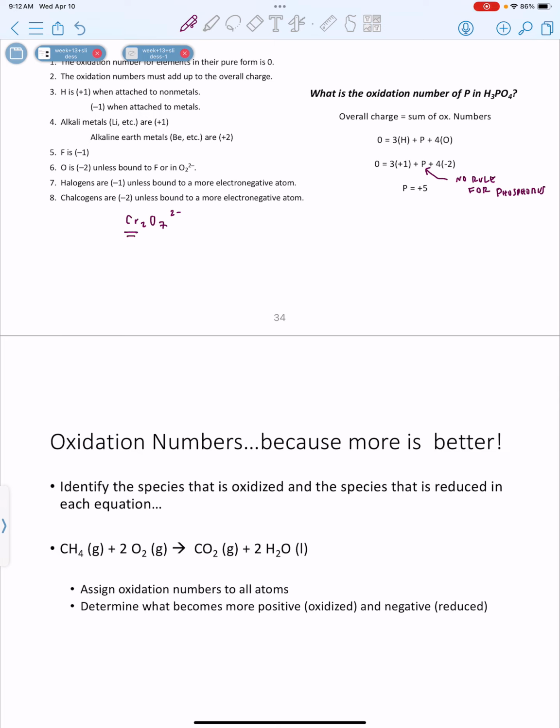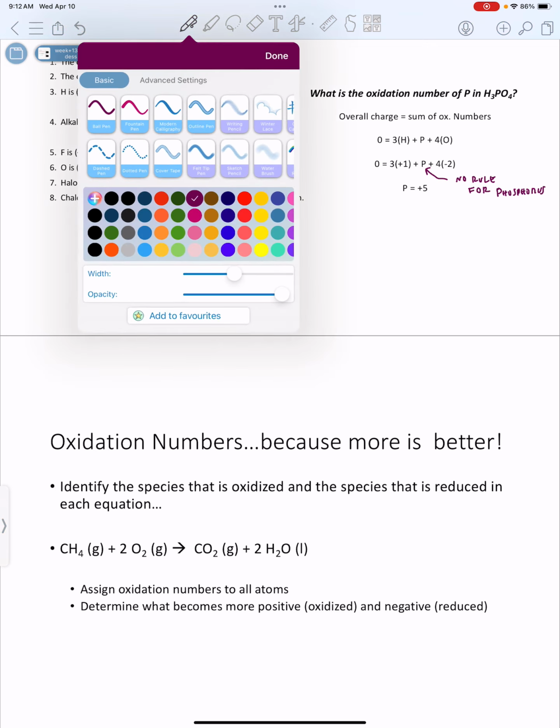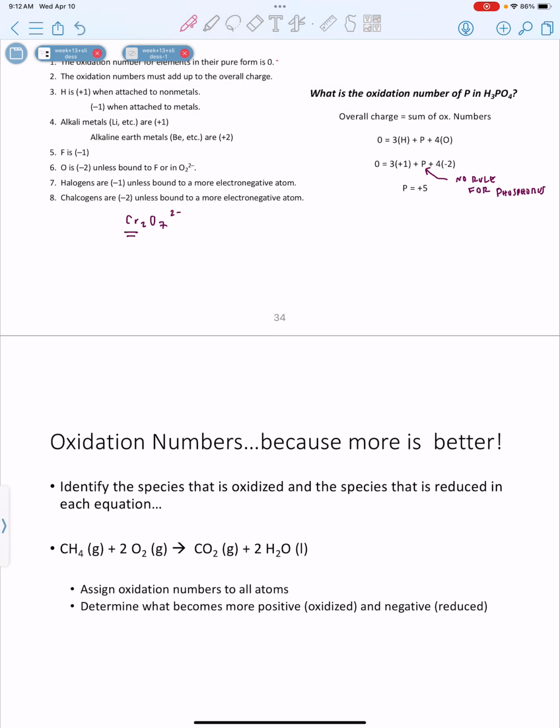Well, we follow our rules. I know that whatever those oxidation numbers for those elements add up to, it has to be -2 when I'm done, right? So that already tells us about the balance of protons and electrons. I don't know what chromium is, but I got 2 of them. So I'm going to have 2 chromiums in my relationship here.